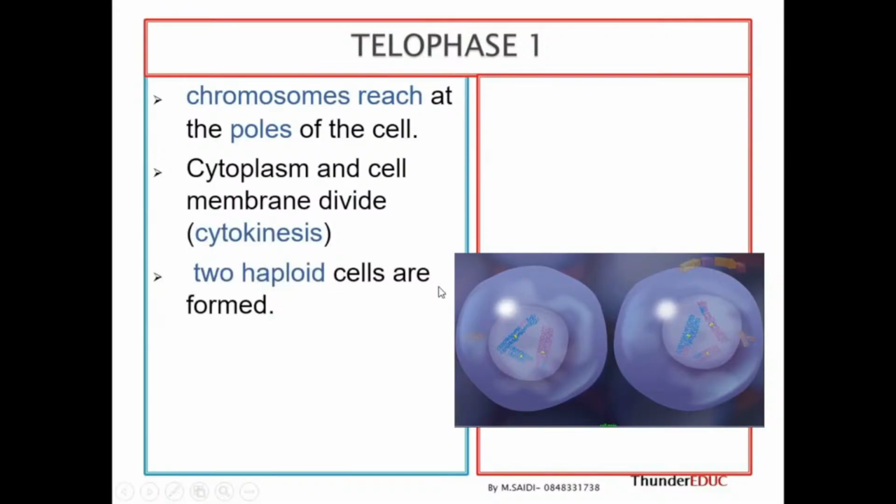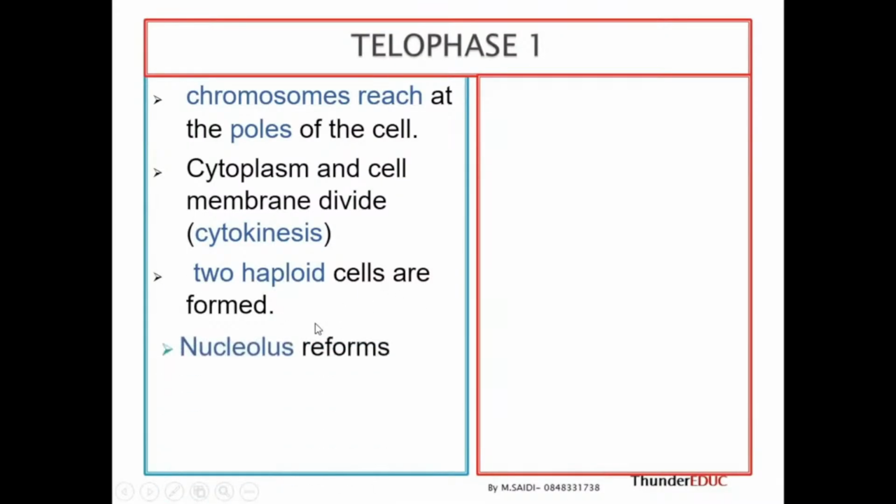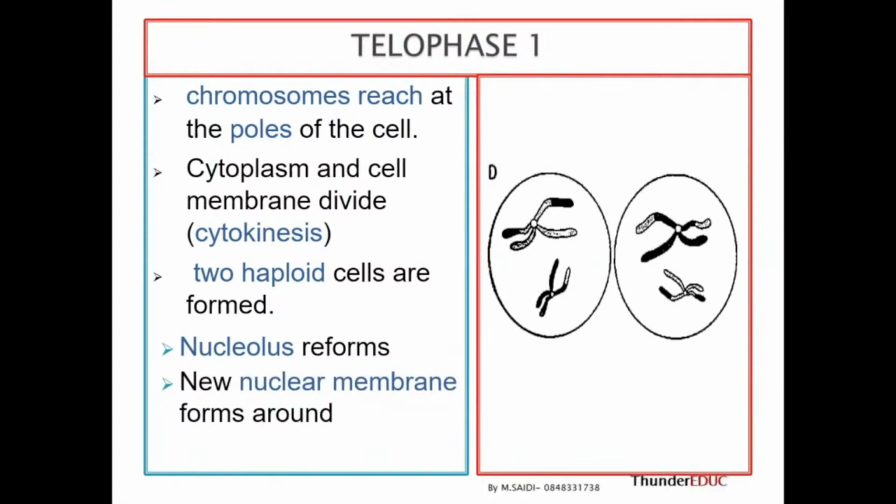And then 2 haploid cells are formed, and the nucleolus, that dense body in the nucleus, reforms. Lastly, the new nuclear membrane forms, and now the cell appears to be a full cell.